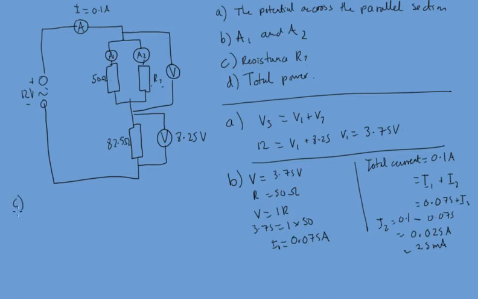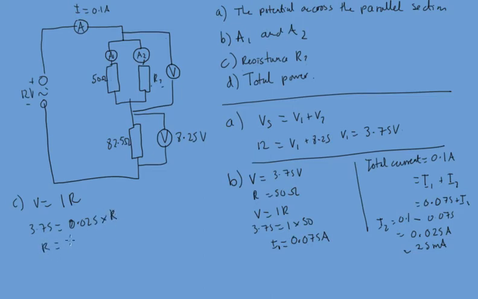Then C, we want the resistance. So here we can use V equals IR. We know the voltage is 3.75. We now know the current is 0.025, and then we just need the resistance.